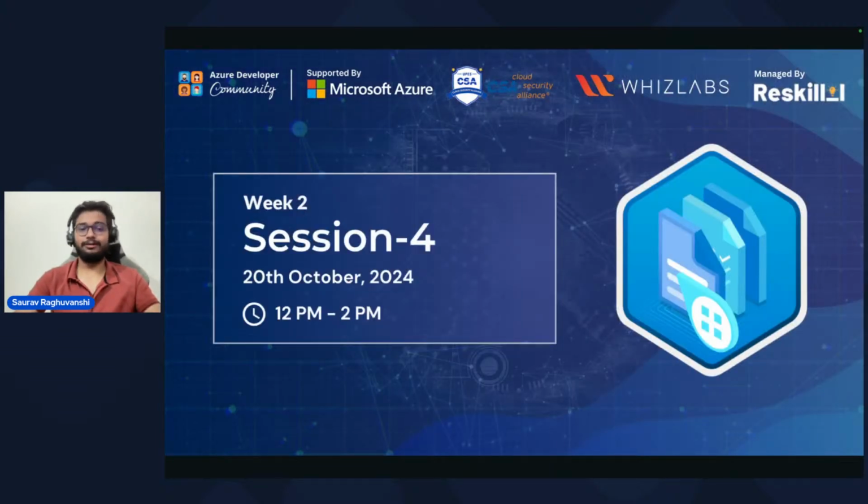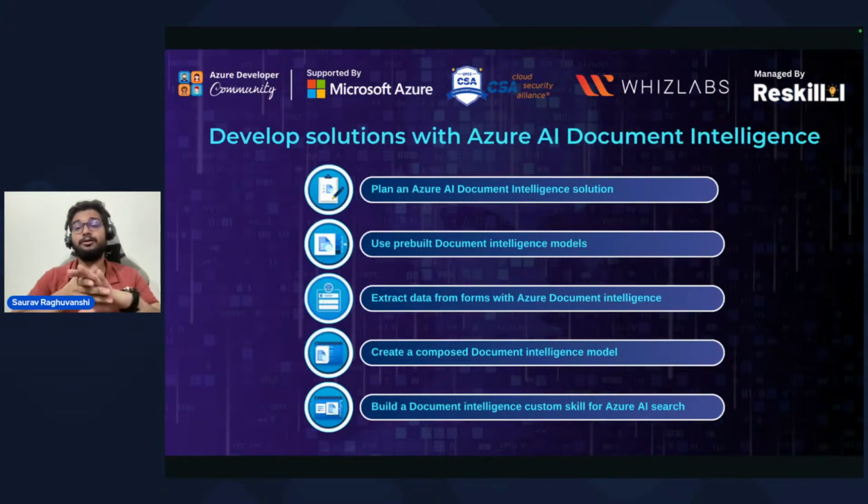Then in session 4, we are going to talk more about document intelligence, how we can play around with documents, how we can extract information from a document, and use an AI model to extract critical information from documents. Because in today's world, there is a huge amount of text data available. A simple example is whether you go on Google or Bing, you search for, let's say, the roadmap to prepare for AI 900 or AI 102.